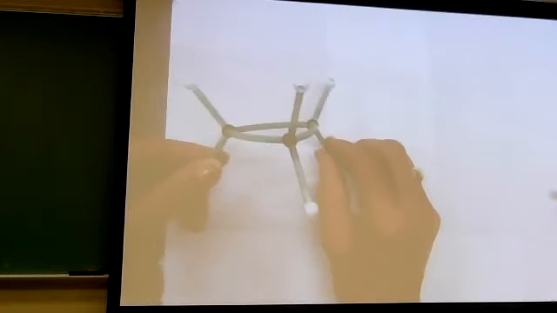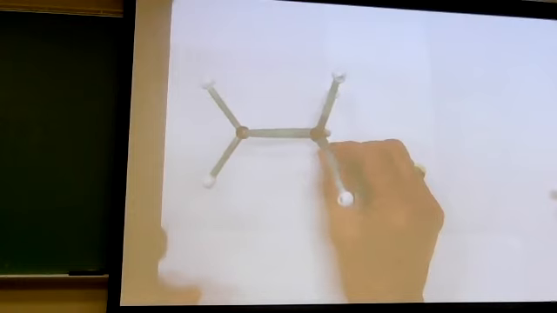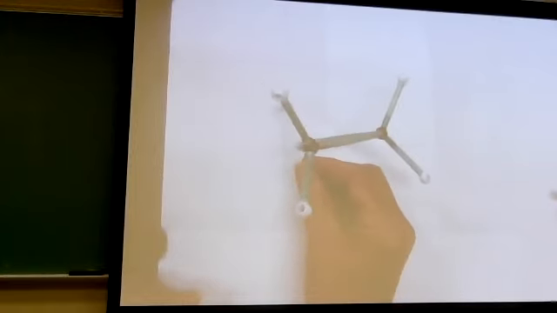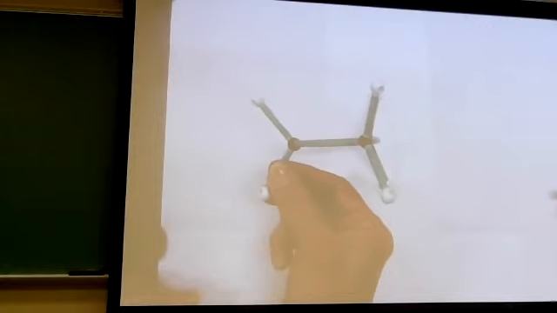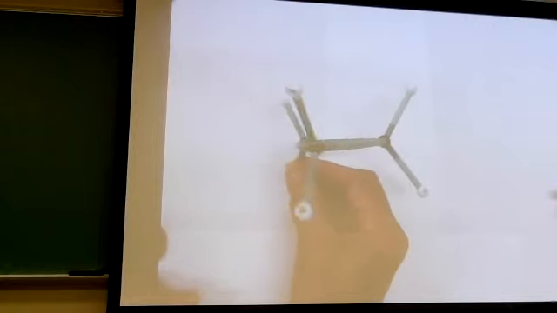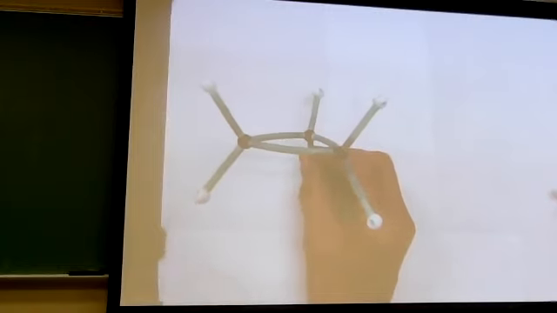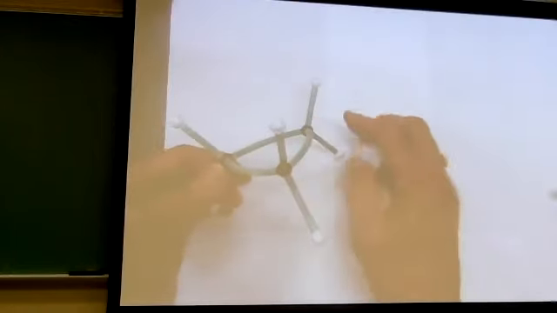And if you look down the carbon-carbon bond here, you can see that you have total eclipsing of the CH bonds. As you look down the different carbon-carbon bonds, you can see you have total eclipsing all the way around, and that adds to the instability of the molecule. So it's not just the angle strain, it's also the torsional strain.